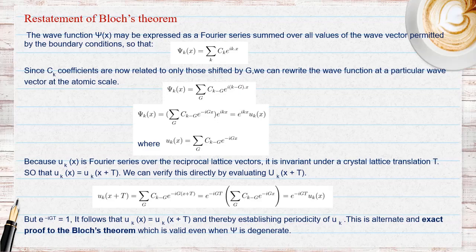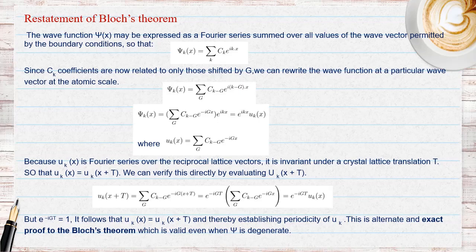That is, psi k of x is equal to the summation over k of ck e raised to ik dot x. Since the coefficients ck are related only to those coefficients shifted by g, which is what we derived during the wave equation or the central equation, we can rewrite the wave function at a particular wave vector at the atomic scale.